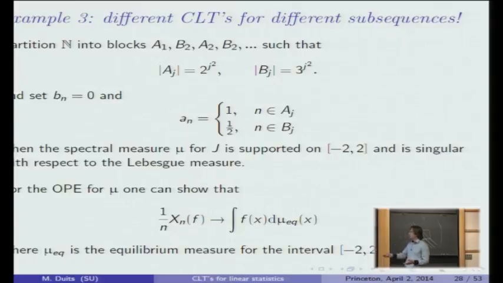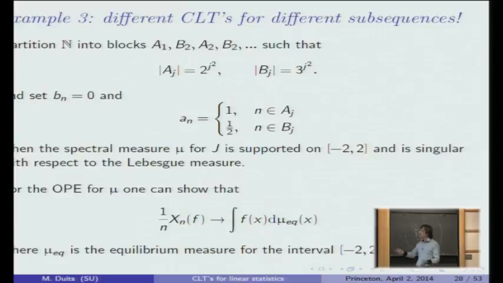Then you can prove, it's a theorem, that this is a singular measure with respect to the Lebesgue measure, supported on [-2, 2]. You can also prove that there is still a nice limit for the density of points: it converges to the equilibrium measure on [-2, 2], which also immediately implies almost sure convergence because of our concentration inequality from before.